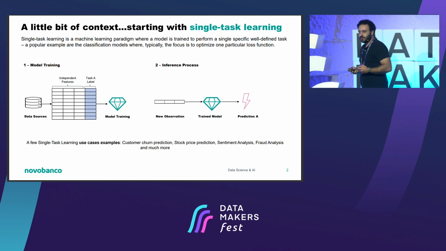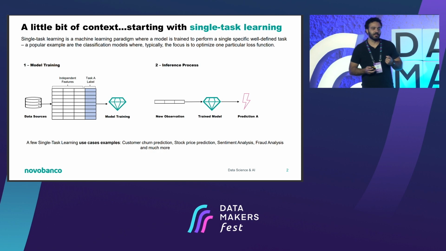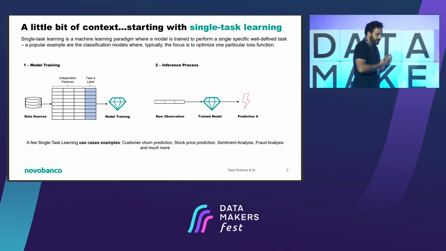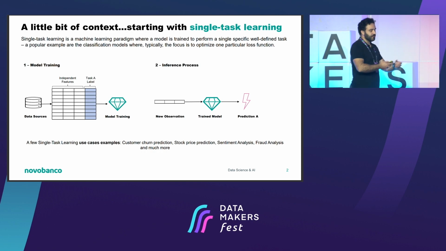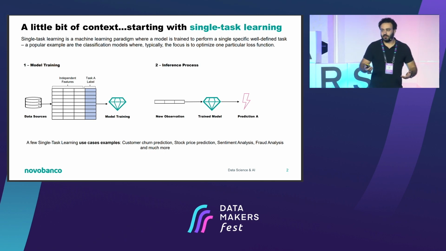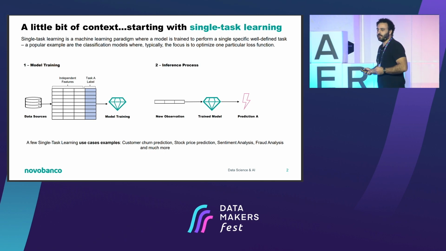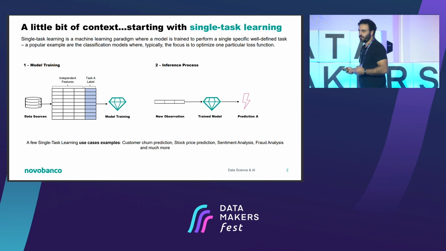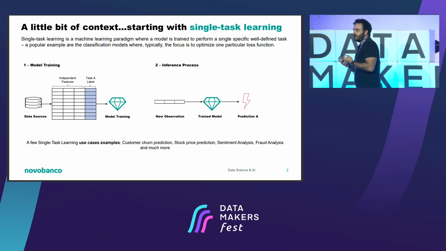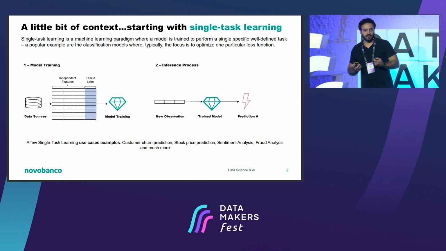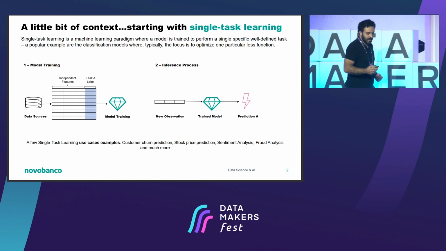The model does this by optimizing one loss function. After the model is trained, you can provide new observations, and the model will give you a category of the target for that new observation. So it's a model that answers one business question and only one.